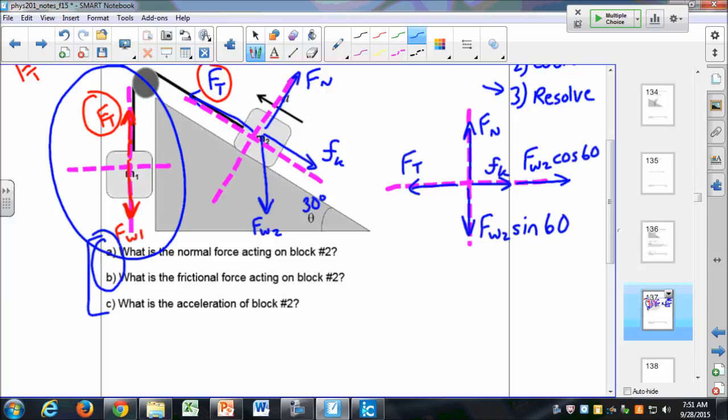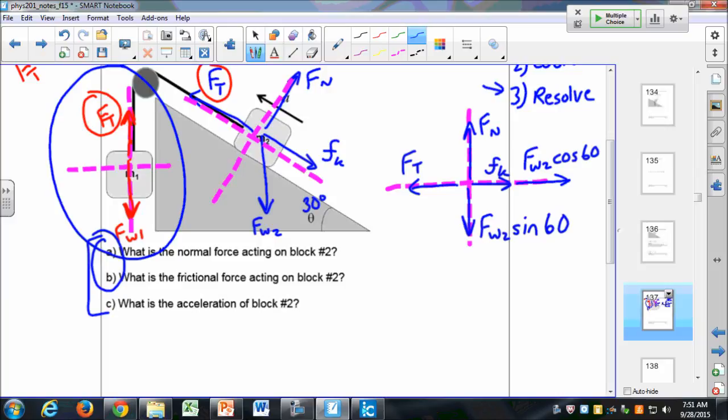That is, what is the normal force, and well, actually, no, just answer the normal force because we don't know the frictional force just yet. Go ahead and tell me what is the normal force acting on this block. No, you can find the frictional force too. So find the normal force and the frictional force acting on the block.